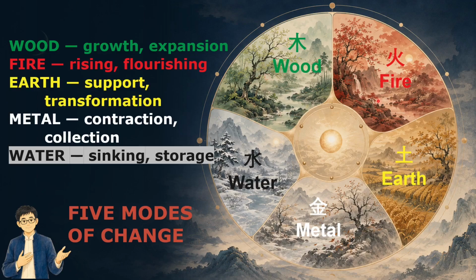Fire represents rising, heating, and flourishing and relates to summer. Earth represents support, transformation, and balance and relates to late summer between summer and autumn. Metal represents contraction, consolidation, and collection and relates to autumn. Water represents sinking, inward movement, and storage and relates to winter.